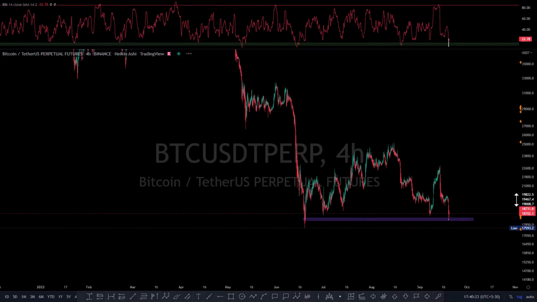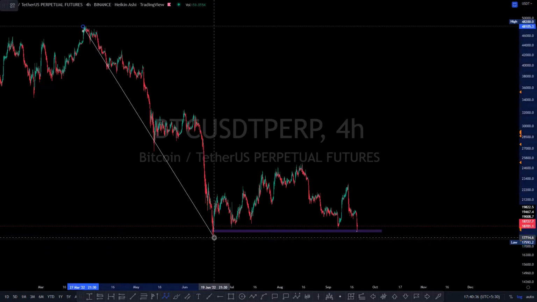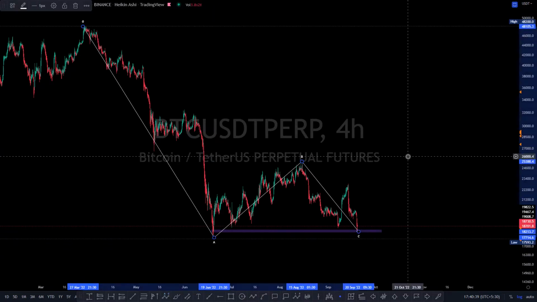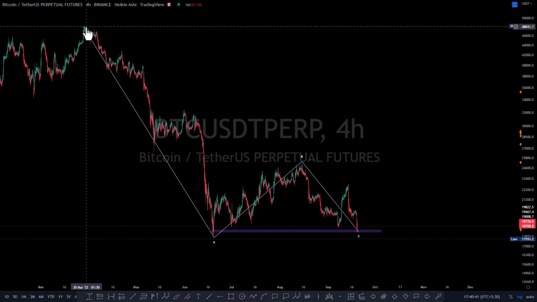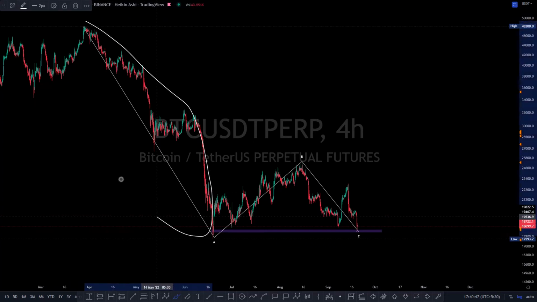Okay guys, as you can see, a long time back when Bitcoin was around this region, I had posted a lot of Elliott Wave analysis and video analysis saying that we can see something like this, as there is no subwave in the C wave. At that time I was thinking this is my final C wave.